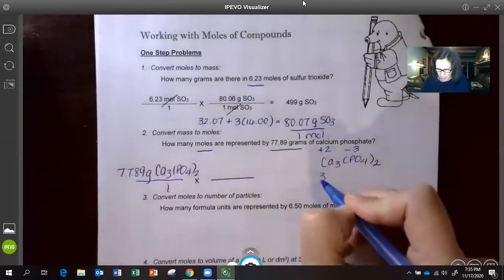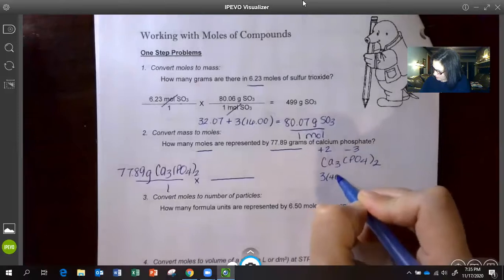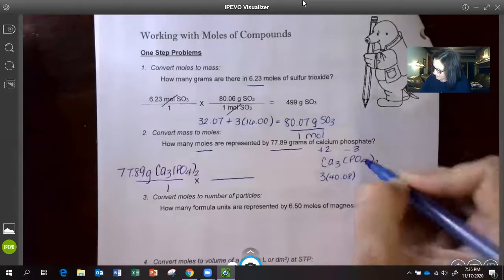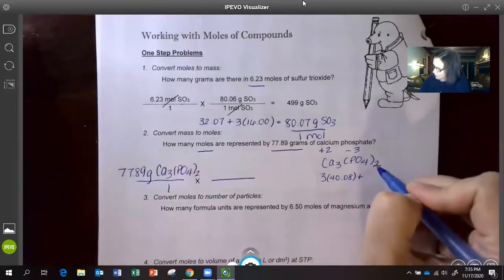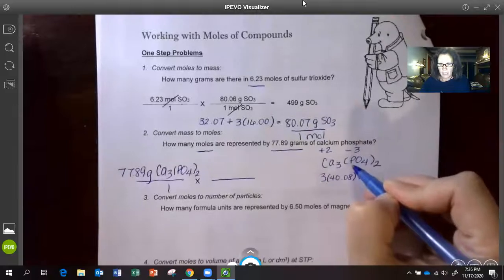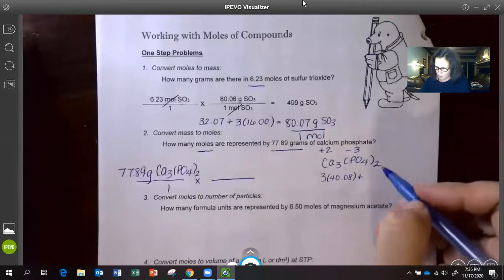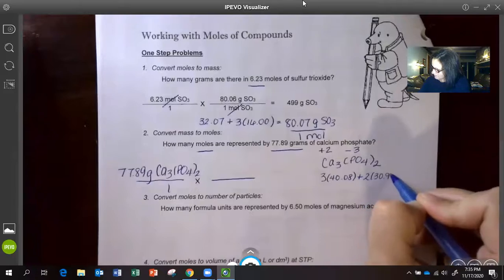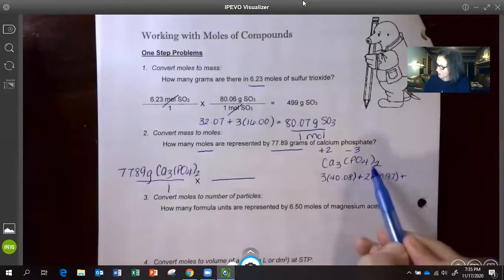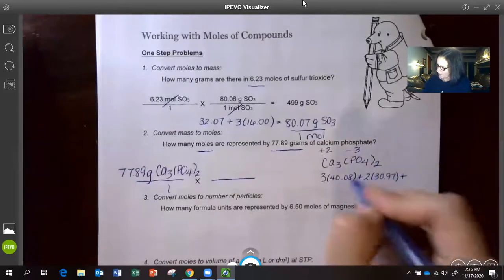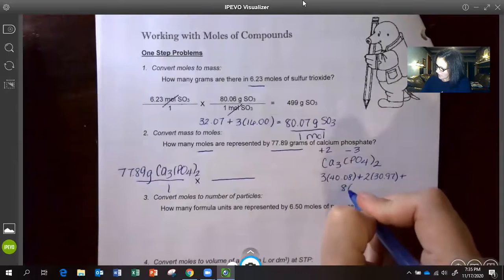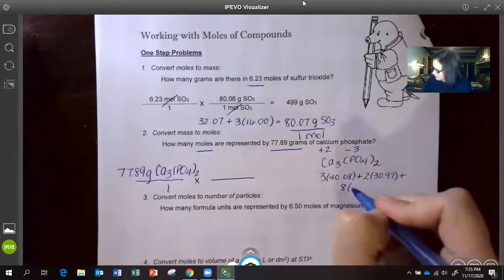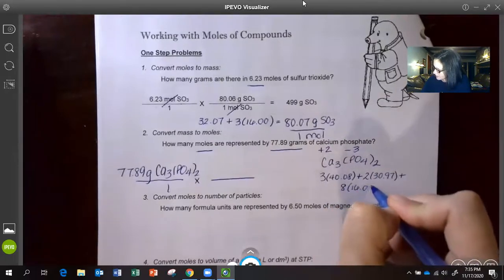It's going to be 3 times the mass of calcium, 40.08, plus we have 2 phosphorus atoms total in our formula, so that's 2 times 30.97. And then we have a total of 2 times 4, or 8 oxygen atoms, each with a mass of 16.